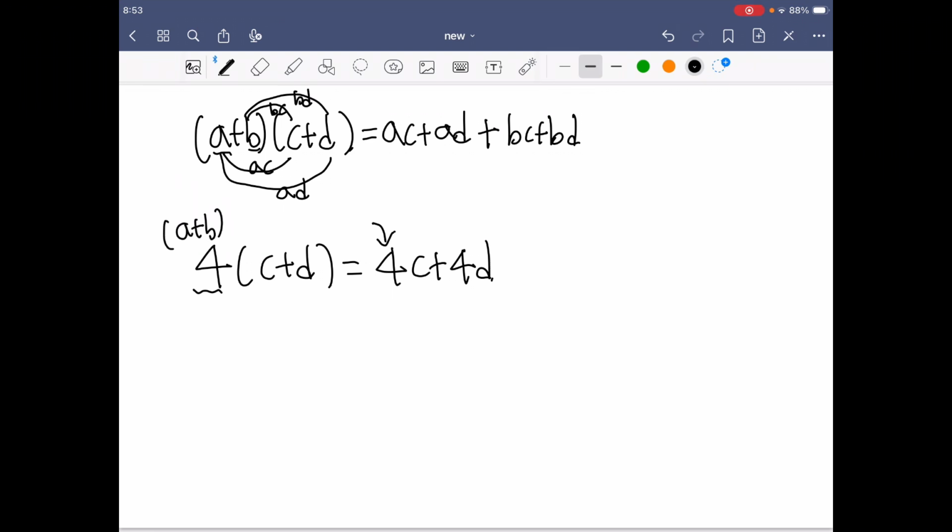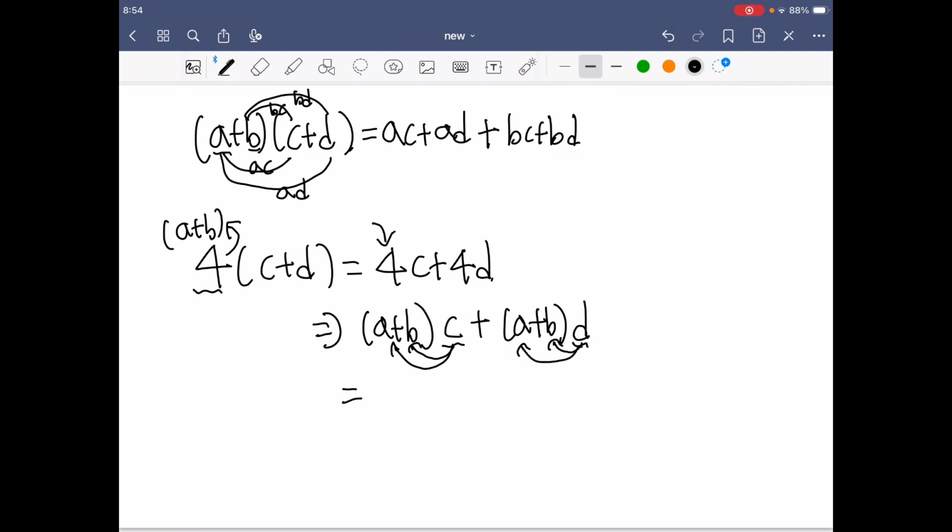So we are going to change this 4 into A plus B. So it becomes A plus B times C plus A plus B times D, because we substituted. And now we can just use the distributive law, the expanding bracket: CA, CB, and DA, DB.